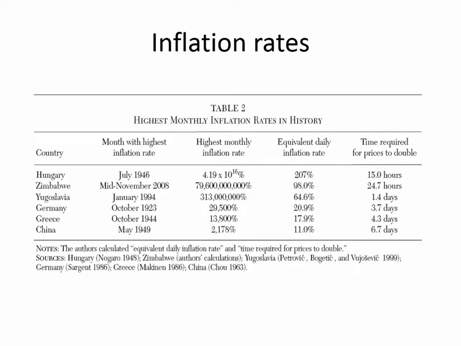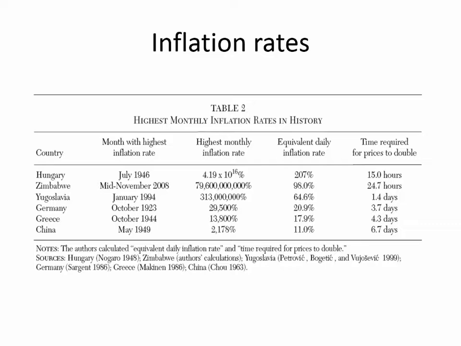Here are some of the big historical winners in the inflation race, and the granddaddy of them all was Hungary after World War II. July 1946, their highest monthly inflation rate was 4.19 times 10 to the 16th, so 4 with 16 zeros after it, and I believe that's about 42 quadrillion percent per month.